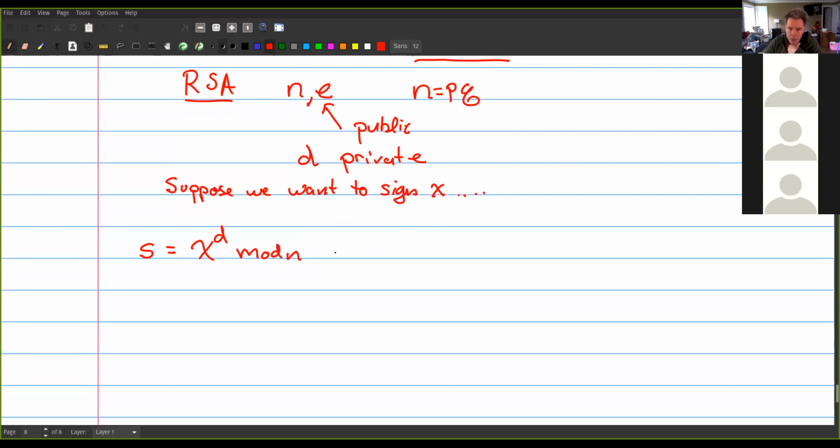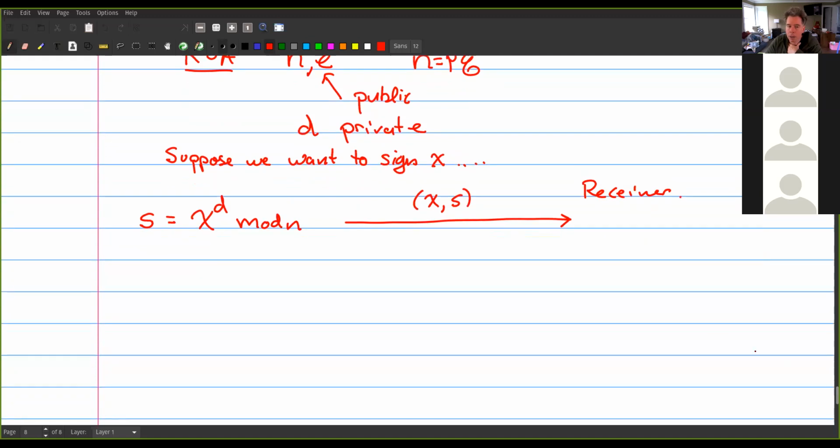And so signing something is separate from keeping it private. In some cases, you might want to just send the document unencrypted together with your signature to somebody, like, so here's a contract. So I send both the contract and my signature. And then the receiver wants to verify the signature. So how can that be done? The receiver can do s to the e, because everybody gets to see e and n.